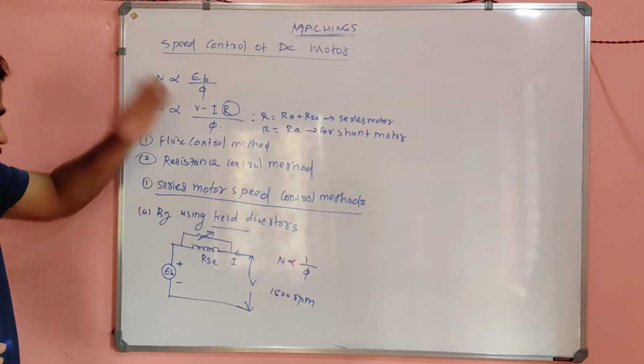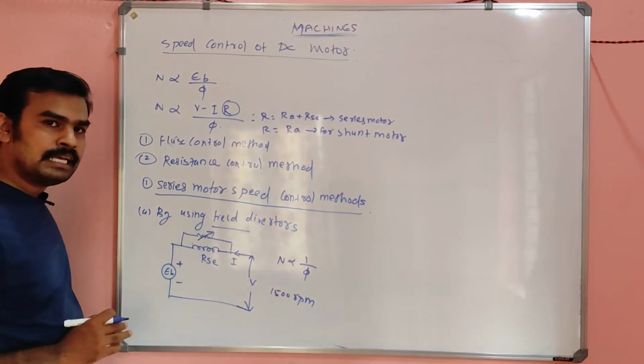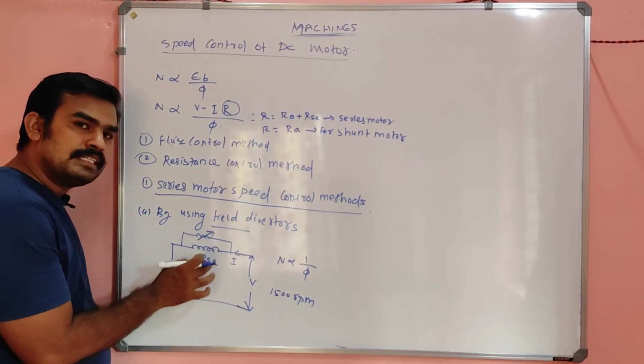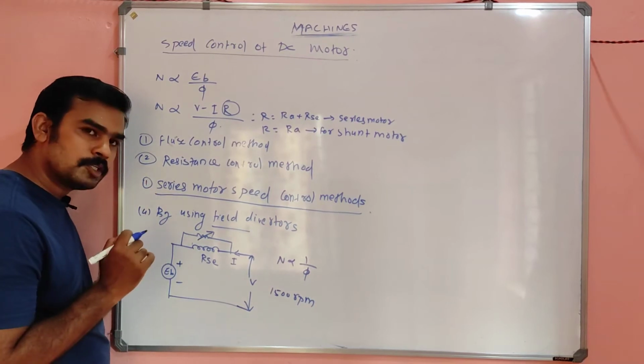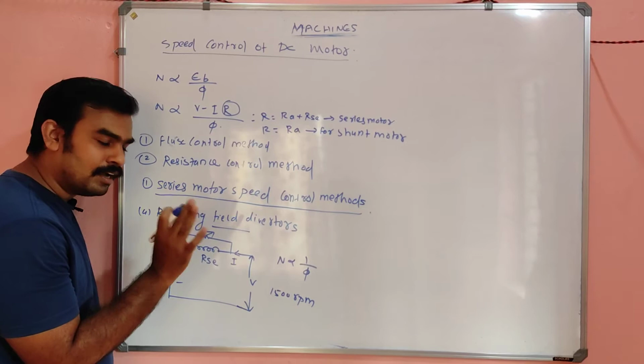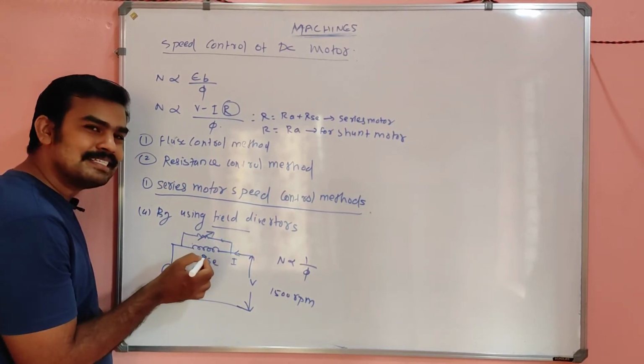So I am inserting this resistor, called the field rheostat, in parallel with the series field winding. What happens, my dears? The total current is not changing, but a portion of the current will flow through this resistor.